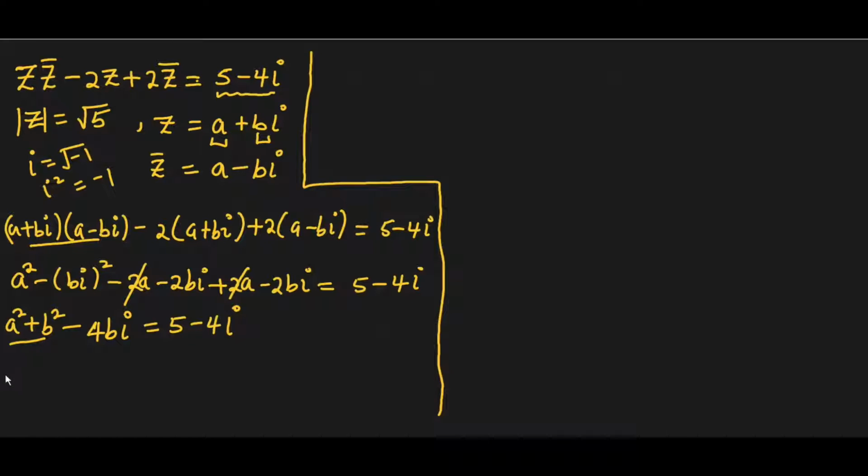Either way it works, and so this basically means we have a squared plus b squared equal to 5, and minus 4b is equal to minus 4.